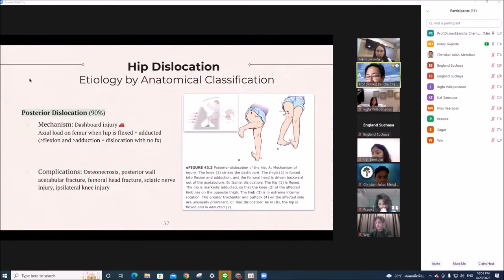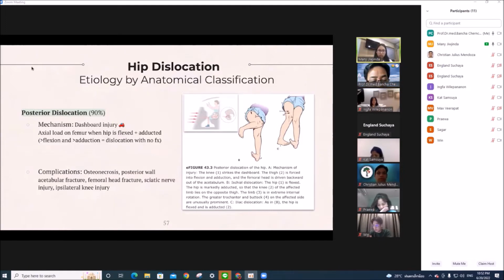Most of the time, the socket is broken too, because there's nothing to block the motion. In a simple dislocation, the deformity is obvious because the acetabulum is intact. But if the acetabulum is broken, the hip will not have an obvious deformity because it's now free. Nothing to block it.